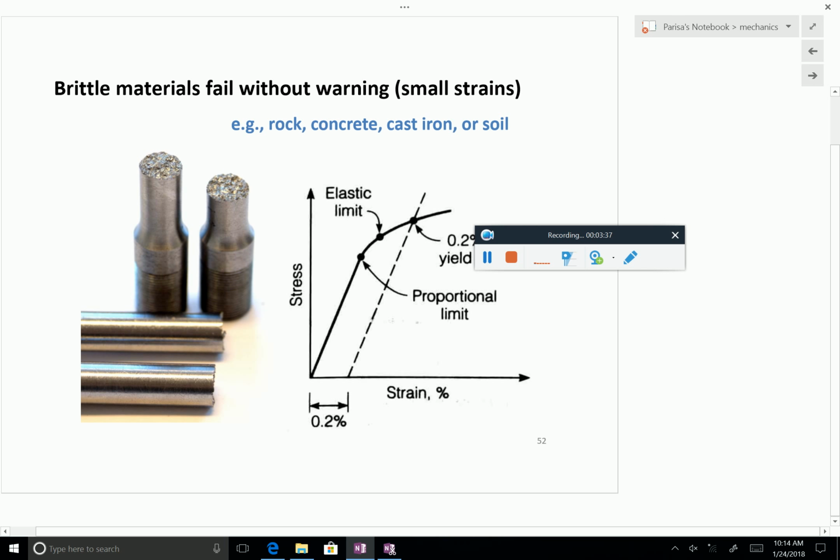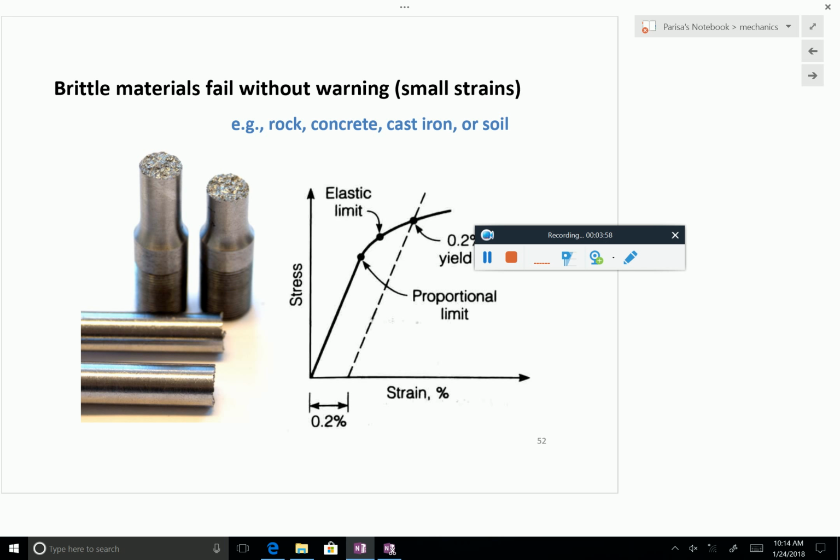What happens if the material is brittle? Here we are looking at a brittle material, and you see that you don't have this large elongation before failure. It goes up, in some materials shows some nonlinearity, in others it doesn't, and it just breaks.